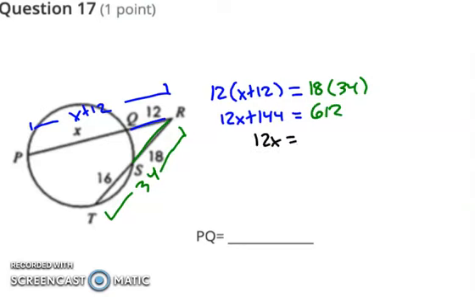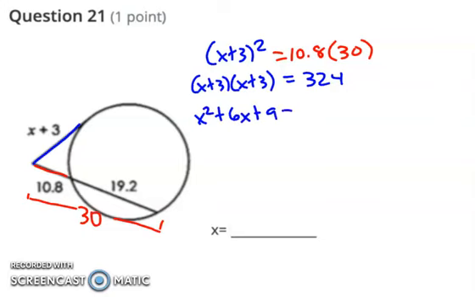Over here, we have to make sure that we are foiling. This is really x plus 3 times x plus 3. Okay, we're going to do 10.8 times 30, and we're going to get 324 over here. Okay, this foils into x squared plus 6x plus 9. That's equal to 324.